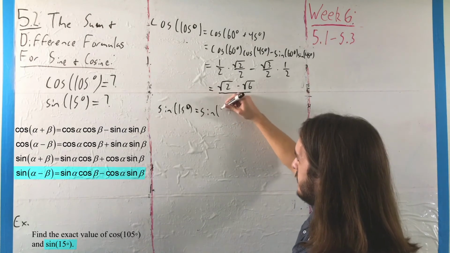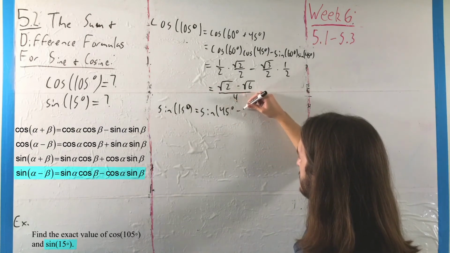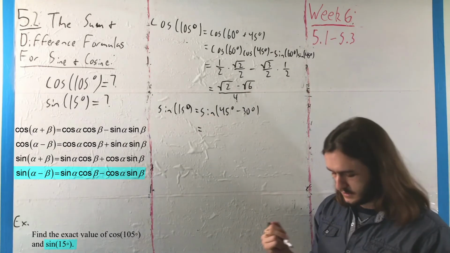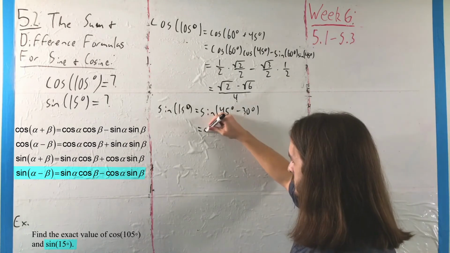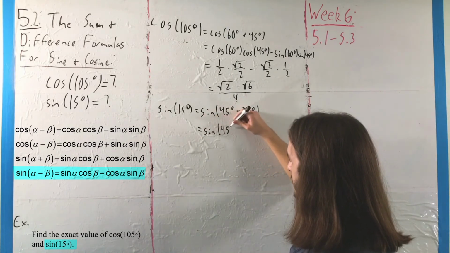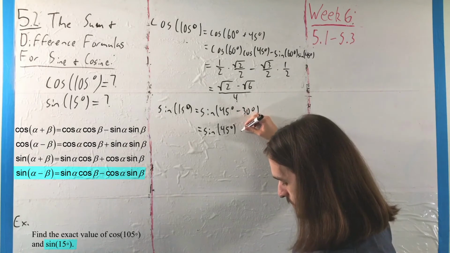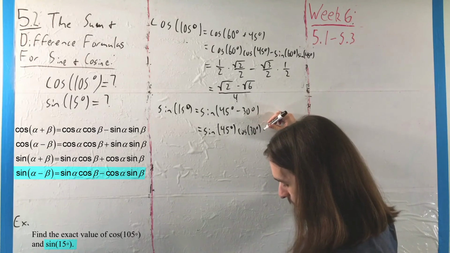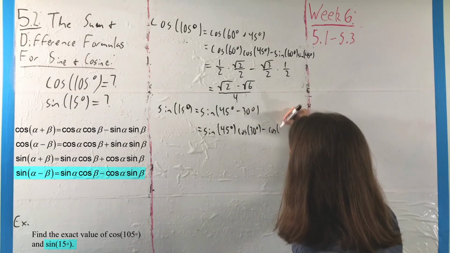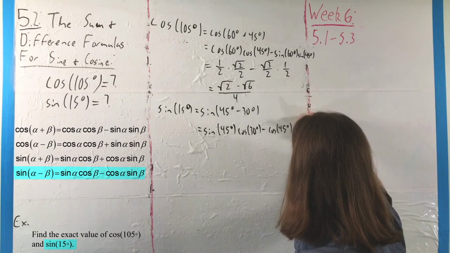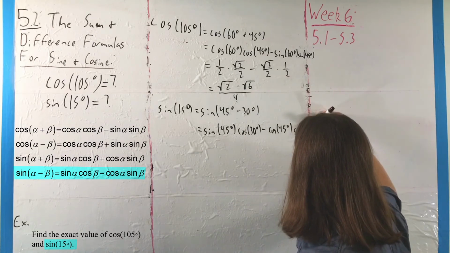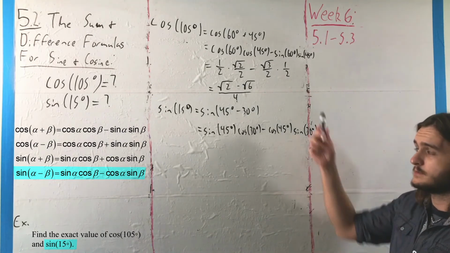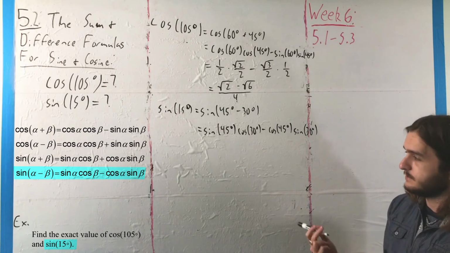We can think of this as sine of 45 degrees minus 30 degrees, and use the formula for the difference of sines, which gives us sine of 45 degrees times cosine of 30 degrees minus cosine of 45 degrees times sine of 30. Again, I ran a little low on space, but it's the same sort of thing as before, just spinning around different numbers.